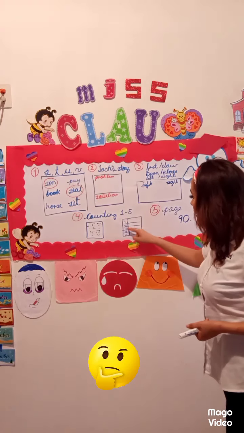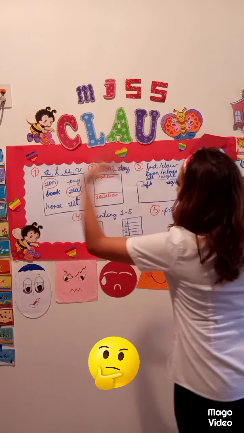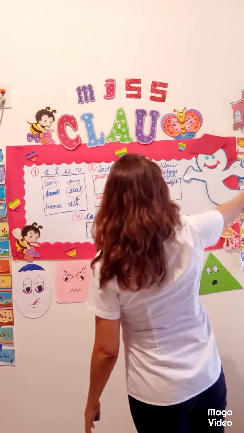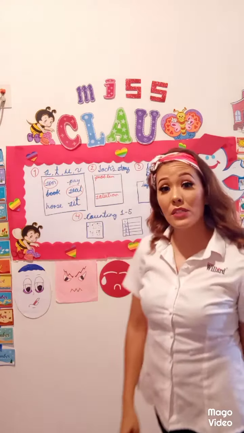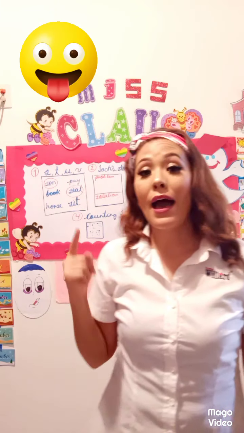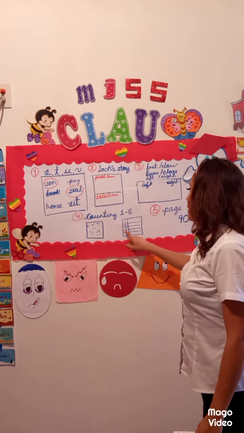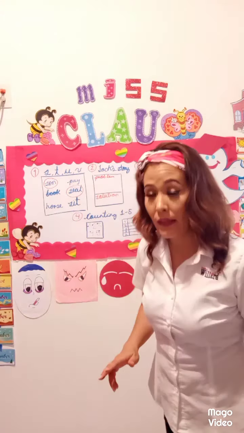I will send you the worksheet with the numbers from 1 to 5 in the left section, and for the right section, they must draw circles, or match or glue some pictures according to the number.